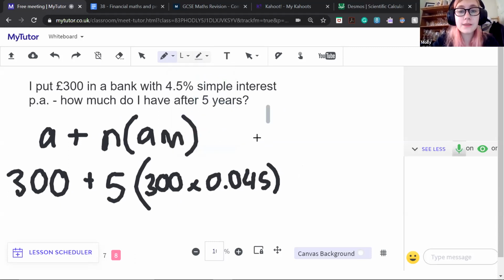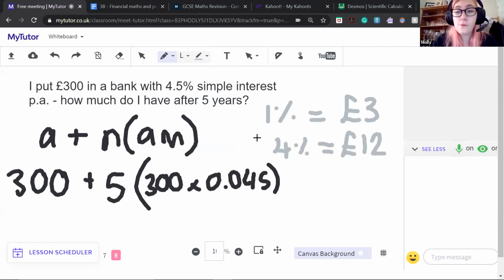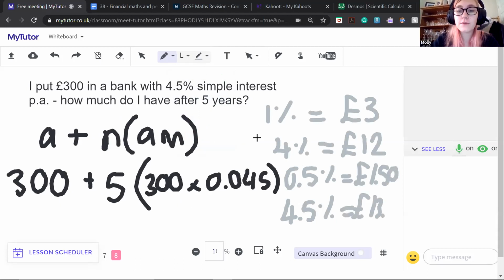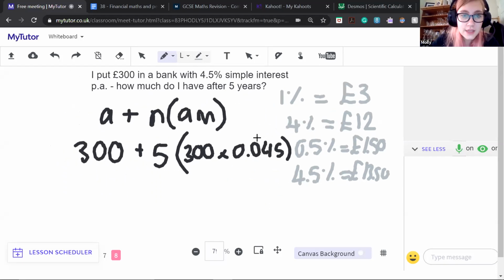We work out 1% by dividing by 100. We use that to work out 4% by multiplying by 4. Then we work out 0.5% by dividing the 1% by 2. Then we find 4.5% by adding those together. So £13.50.